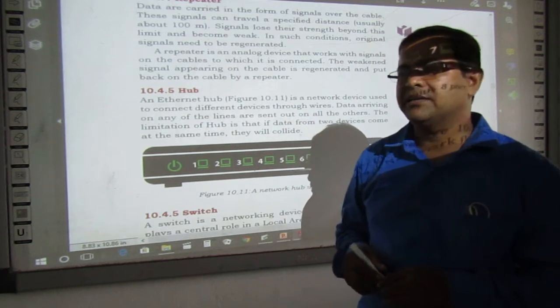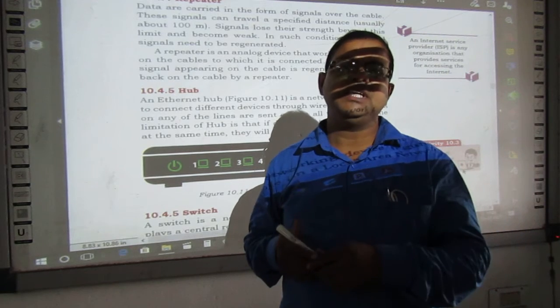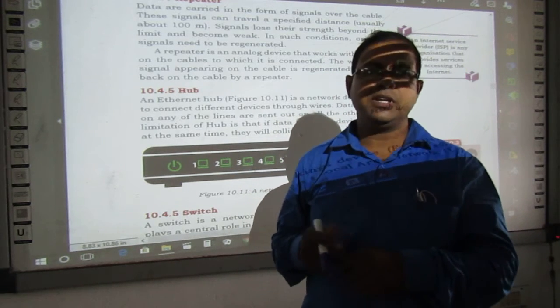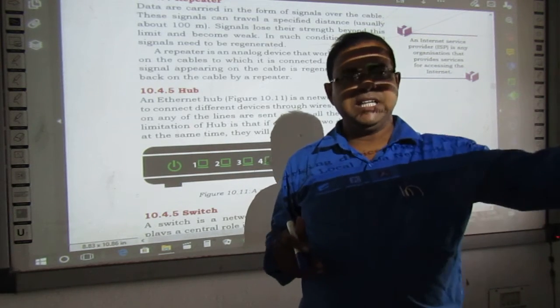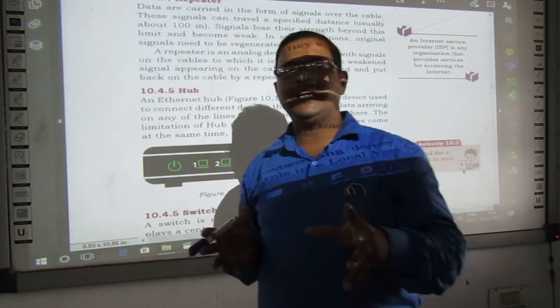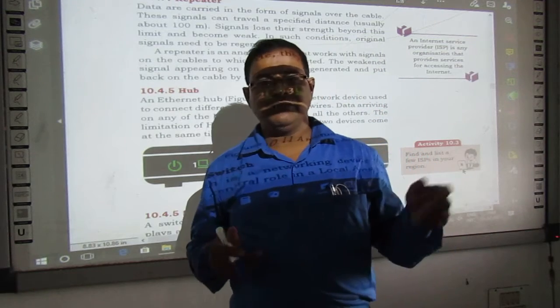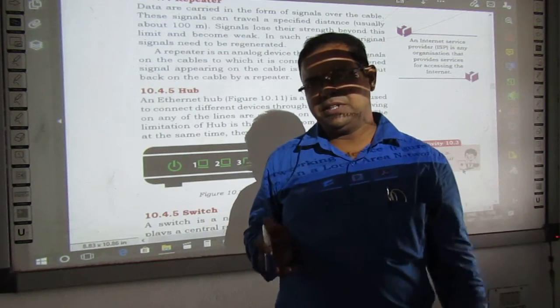Whenever we are making a LAN connection, there is a possibility that our LAN performance may be reduced. Suppose I want to connect building 1 to building 5, and the distance becomes 200 meters.